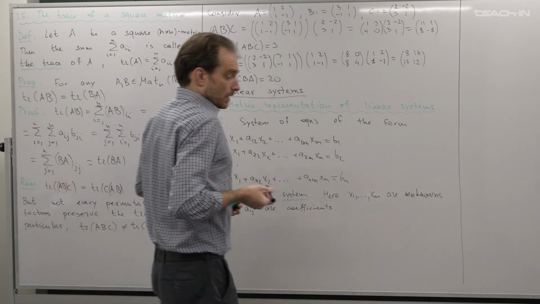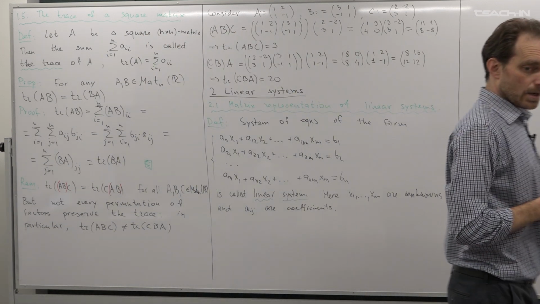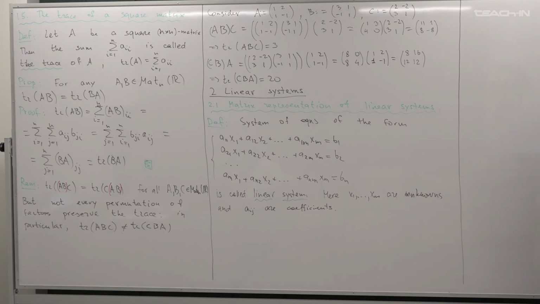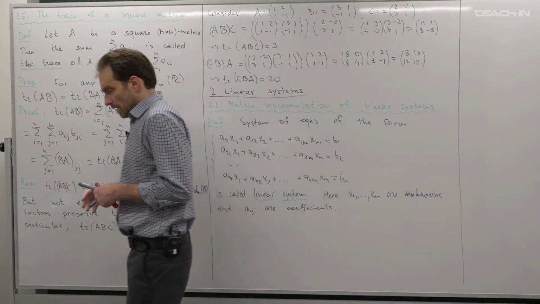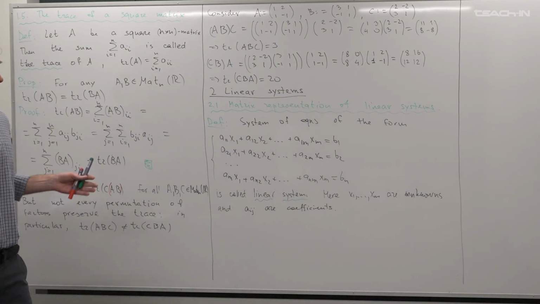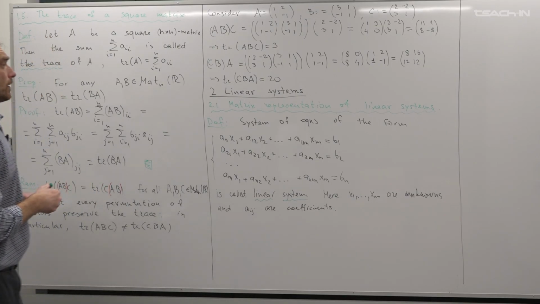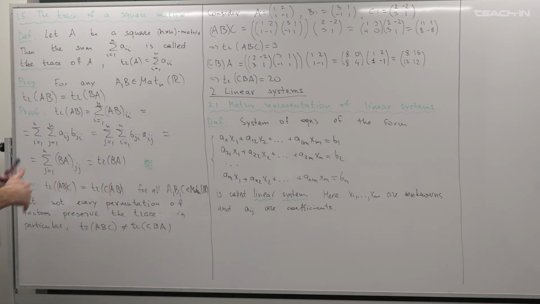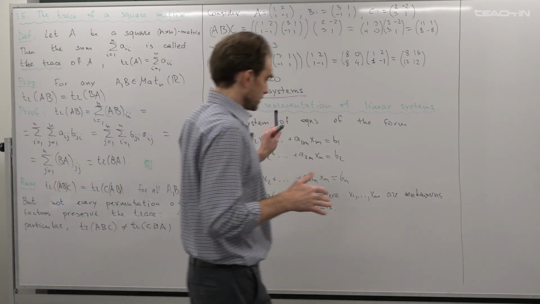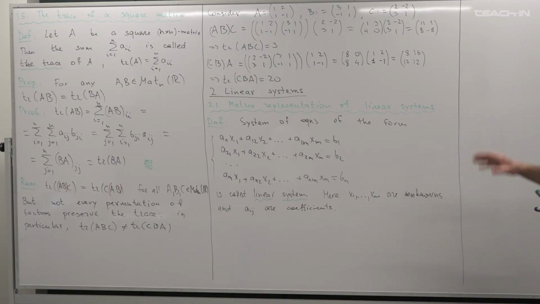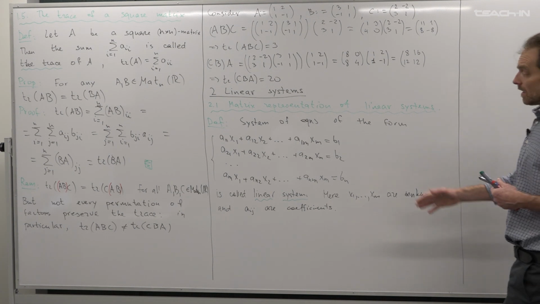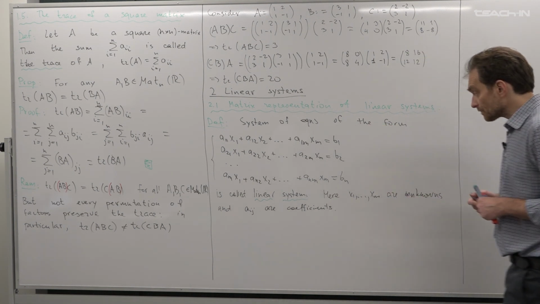So now we will consider systems with real coefficients, but in general we can consider systems with complex coefficients, or coefficients could be elements of some other fields. We will not discuss this in detail, but right now we know only real numbers. We will discuss complex numbers later. So let us consider systems of linear equations with real coefficients.